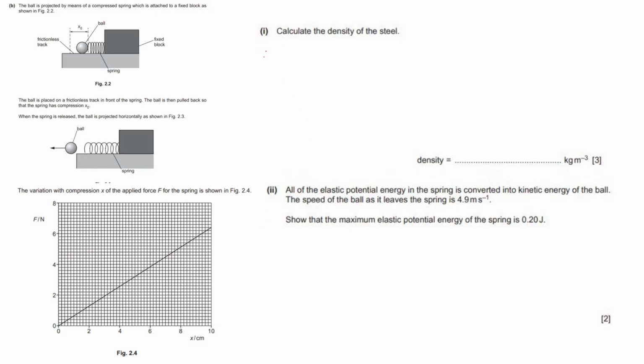In this case, we have to calculate the density of the steel. So we know that rho is going to be equal to m over v, and they do give us these two values. I forgot to put it within the screenshots, that's my bad. But they do give us the mass and the volume.